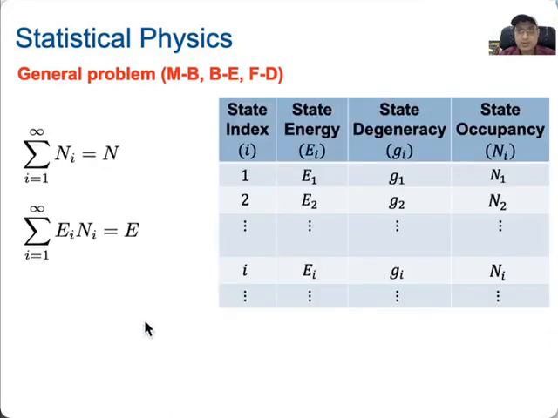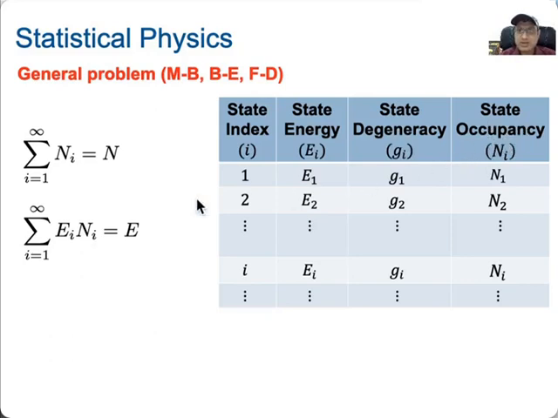Okay, so let's write down a general statement as we have seen. Here I'm going to express my state index as i, and here are my energy states E_i, and here is my state degeneracy, which I represent by g_i, and here is the state occupancy N_i.